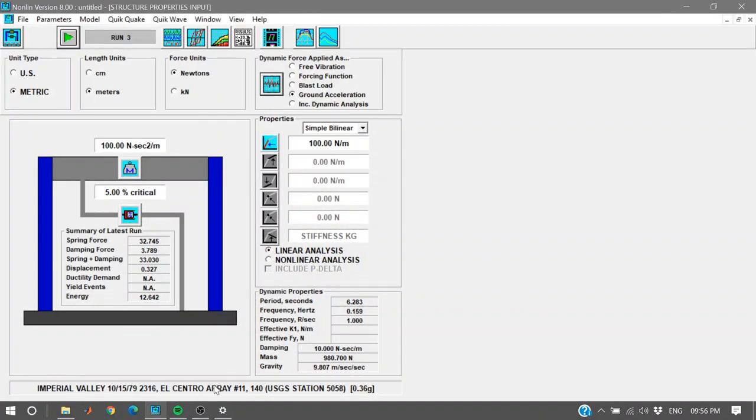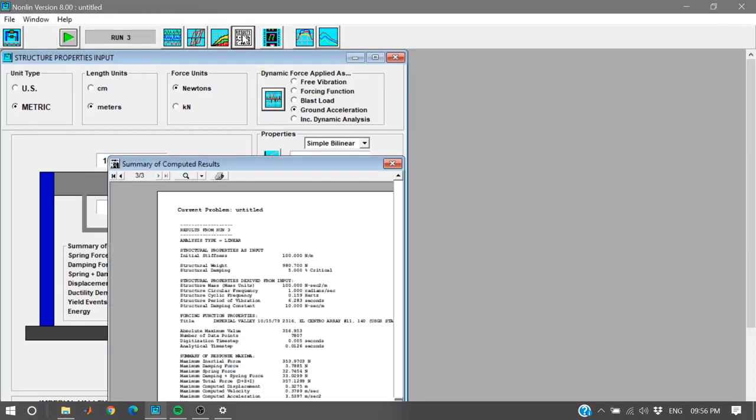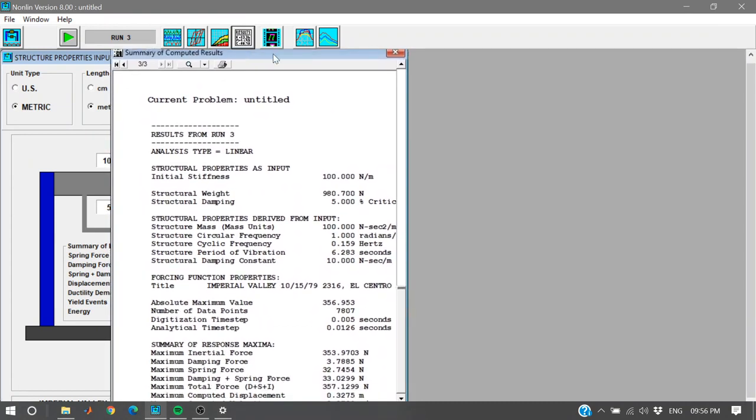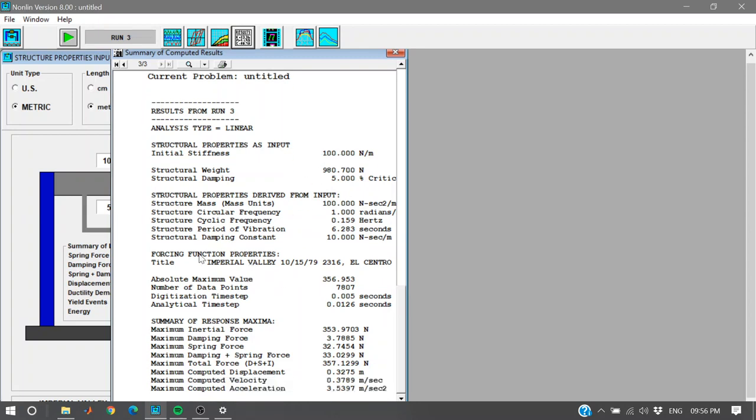It has analyzed my structure for this El Centro earthquake that we have selected, and if I go to results, I am able to see the parameters. So again, input parameters remain the same. What we have changed is the earthquake or the forcing function. Now it is Imperial Valley earthquake.